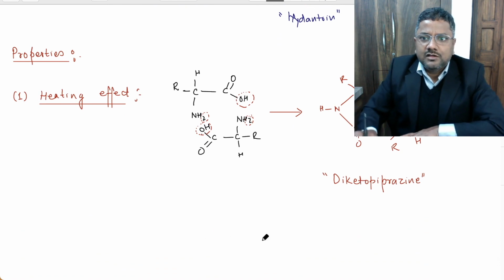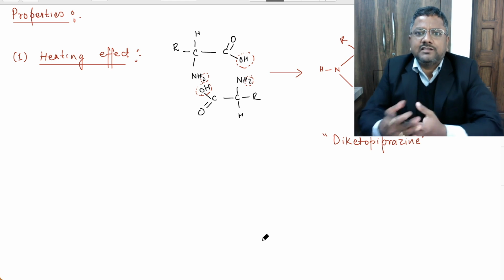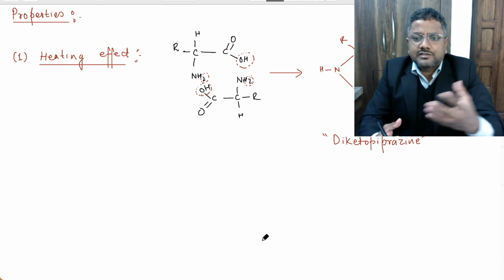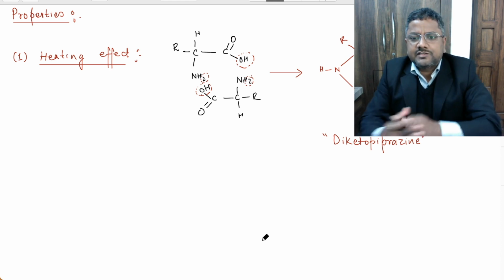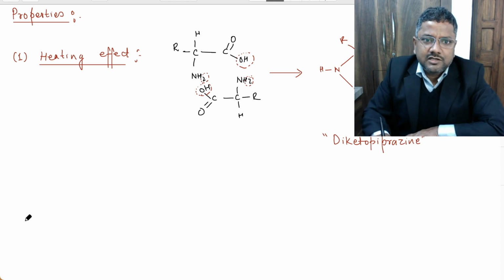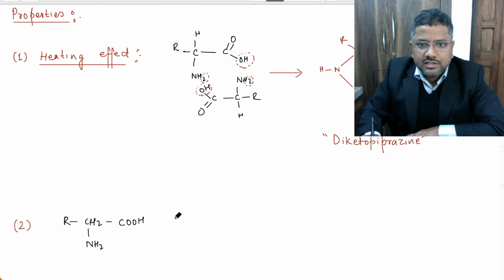Now, other reactions, all of you know that it has NH2 group as well as COOH group. So some of the reactions you have already gone through with respect to the NH2 group, and some of the reactions with respect to the carboxylic group, right? So general reactions, we can say if we take R, CH2, NH2, COOH, right?